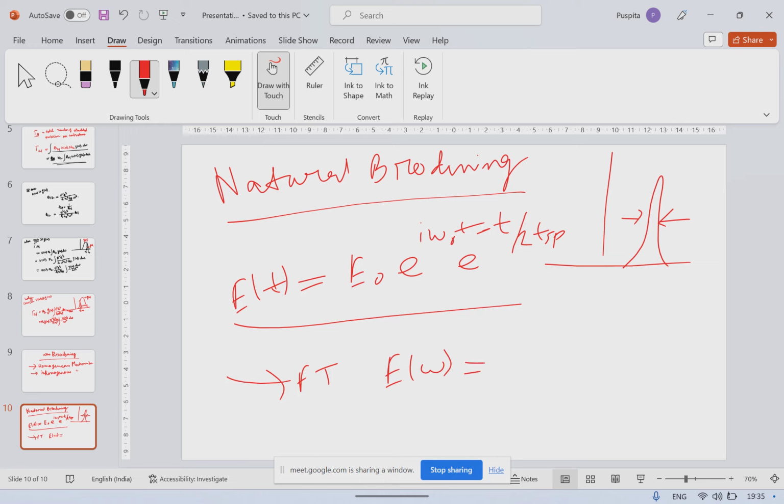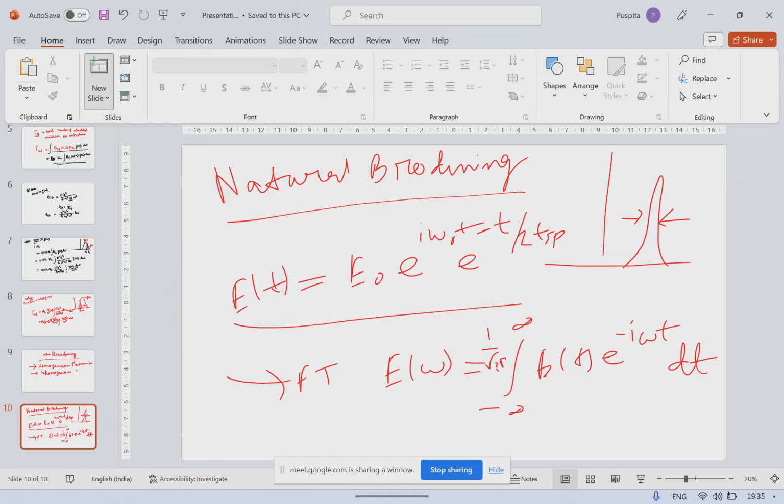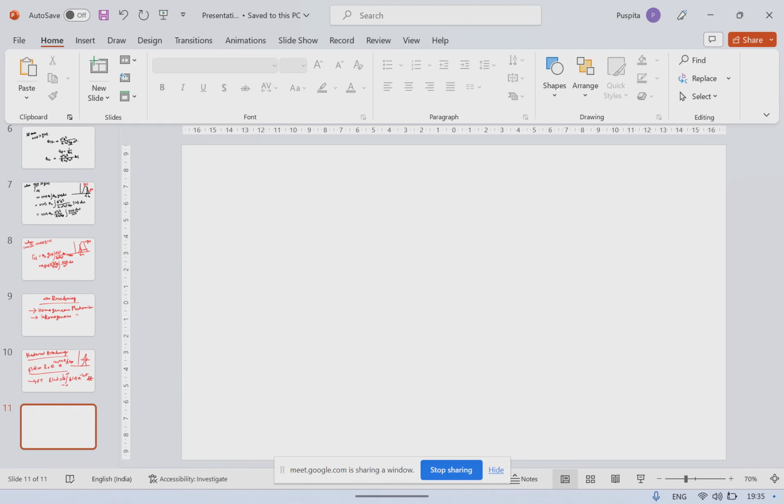So E omega will be the integral from 0 to infinity of E(t) e to the power minus i omega t dt. One can put here 1 by root over 2 pi or 1 by 2 pi, in whichever way they do the Fourier transform. But we are not bothered about that here.